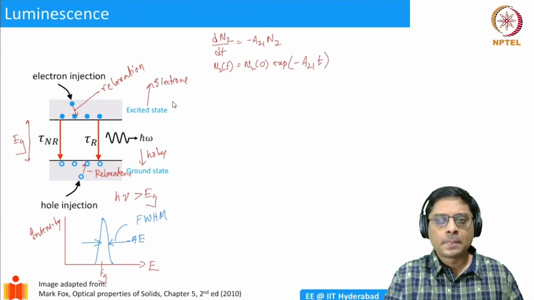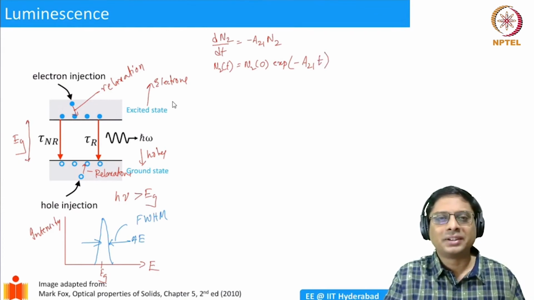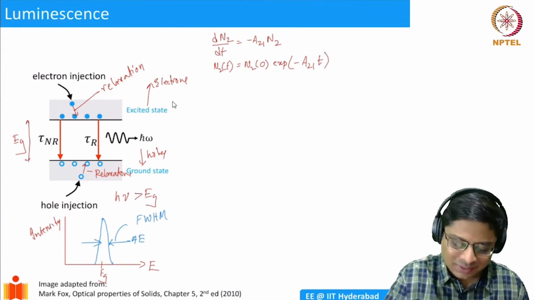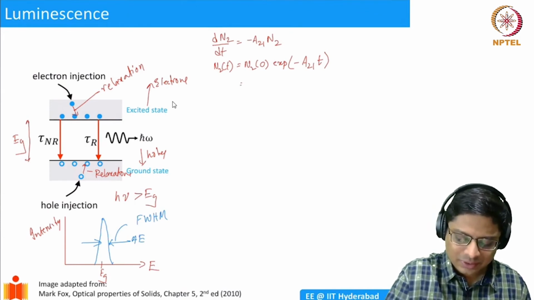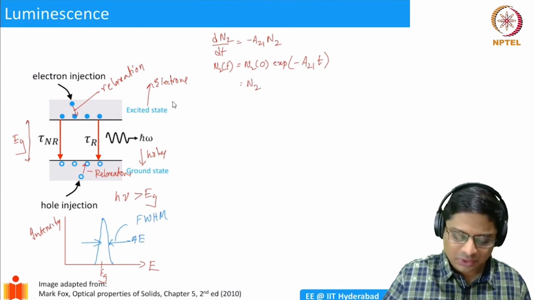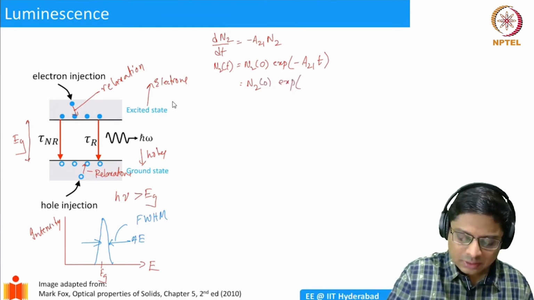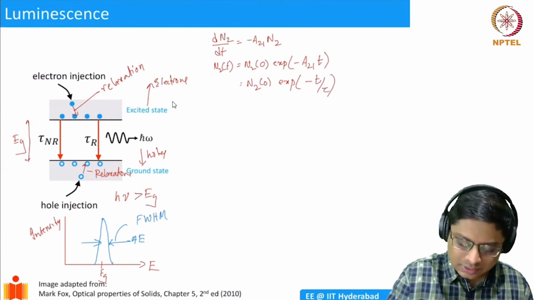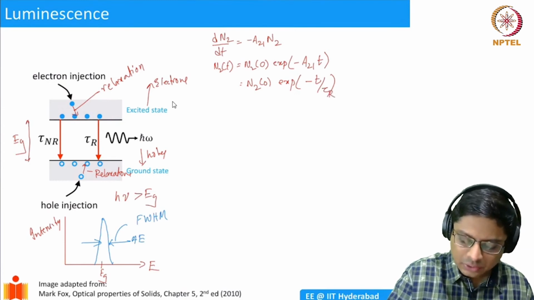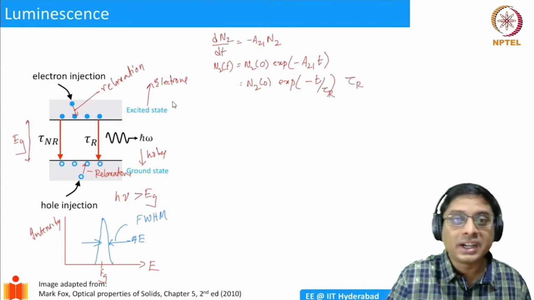If you look at it, you immediately recognize that this is similar to the exponential decays we have seen before in rate equations. So you could write it as exponential of minus t by tau, and I'll call this tau r, the radiative lifetime.